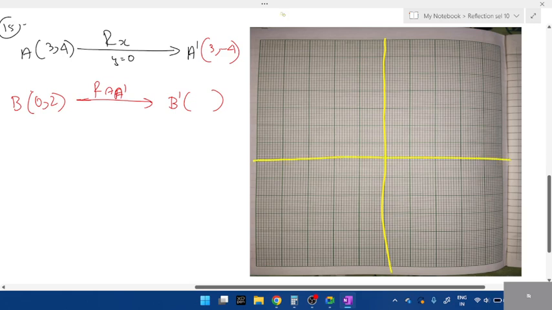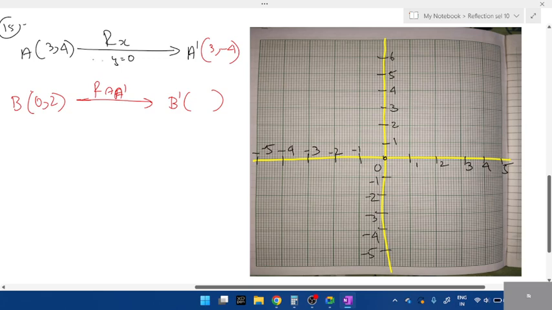See, concentrate. Don't solve, students. Don't draw the graph. Once I complete, you can try. If you want to find B dash, we need A dash.